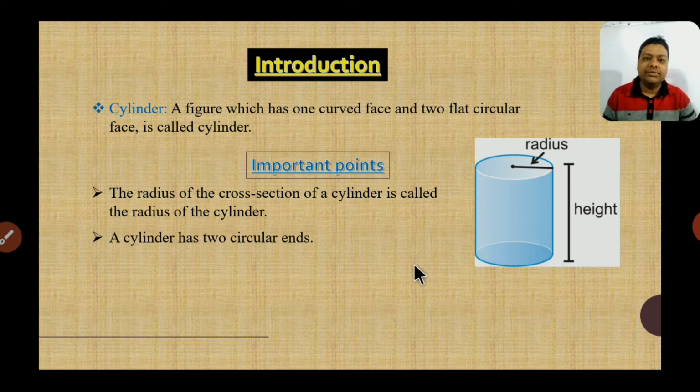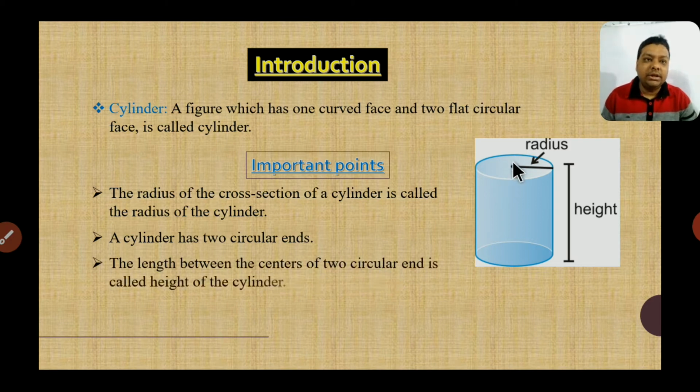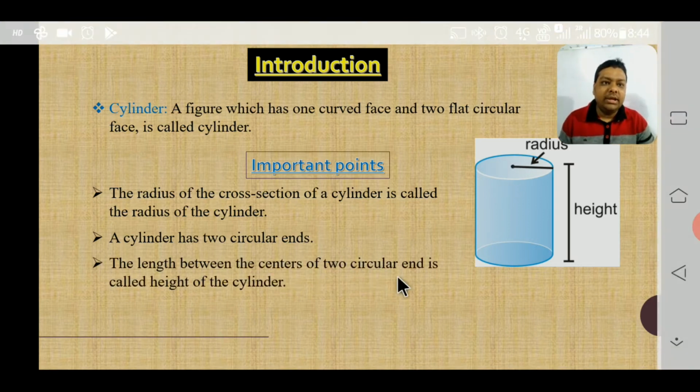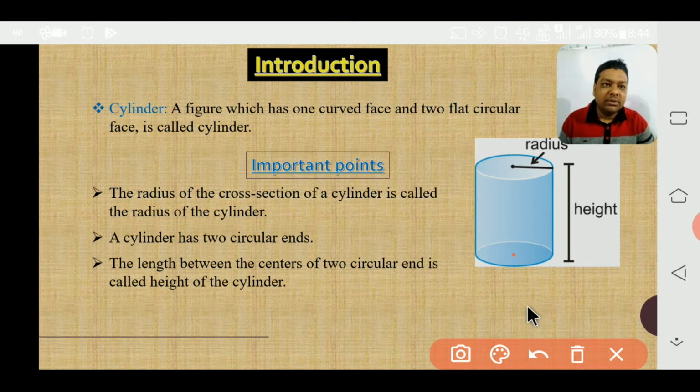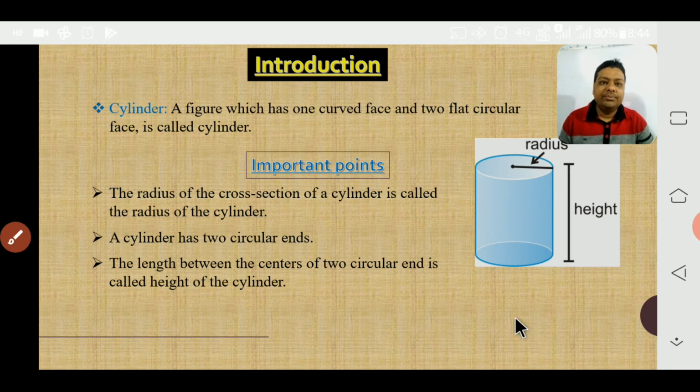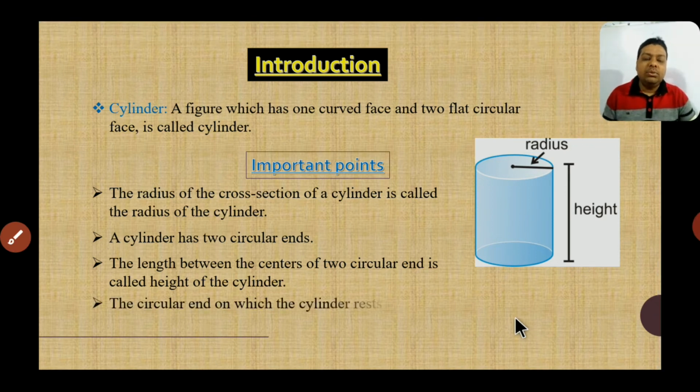The distance between the centers of the two circular ends is called the height. The circular end on which the cylinder rests is called its base. Here it is resting, so it is called the base, and the other is called the top.